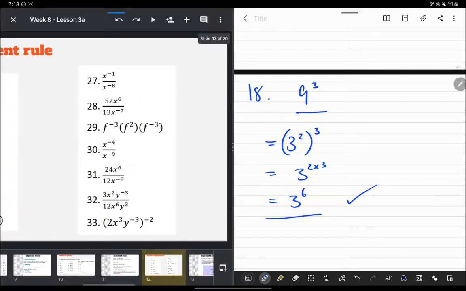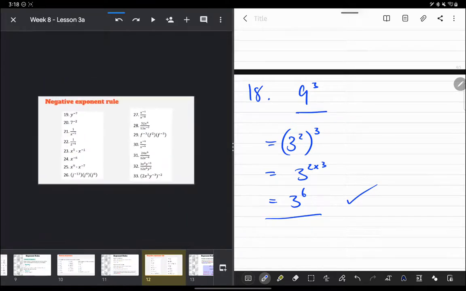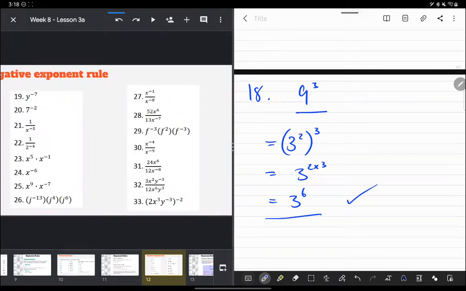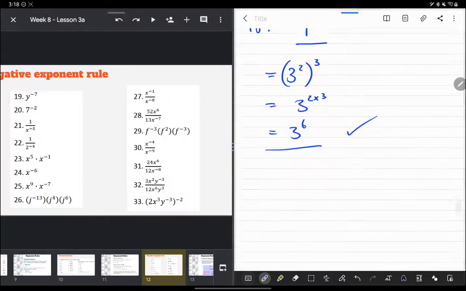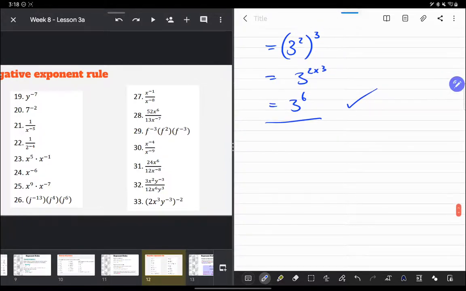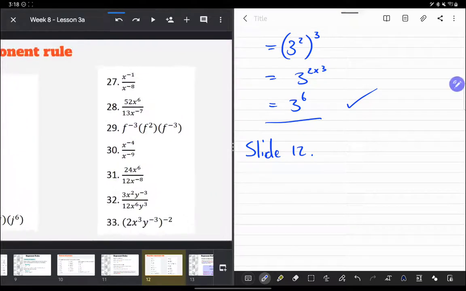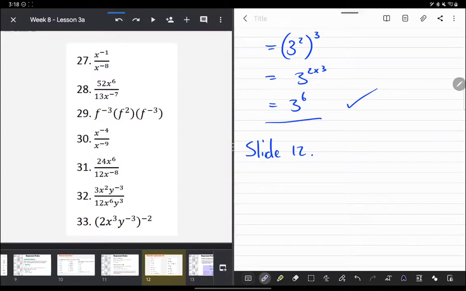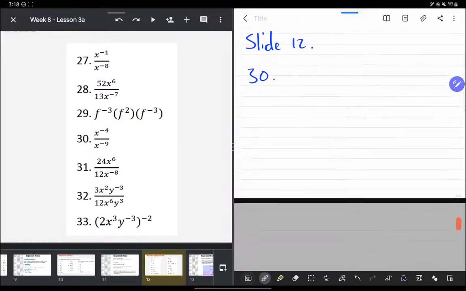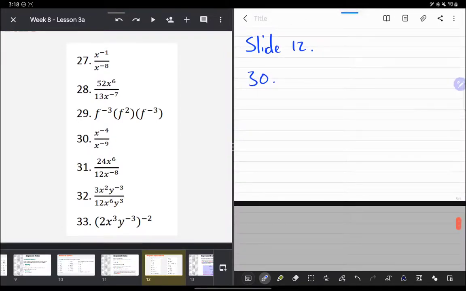Moving on. This is the negative exponent rule, right? But this should work just the same. Slide 12. Let's just do the last 4. Question 30. Right.